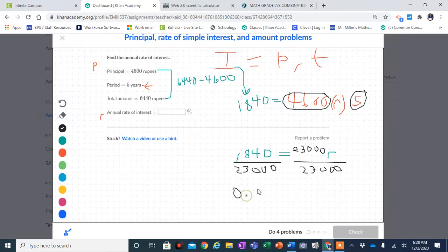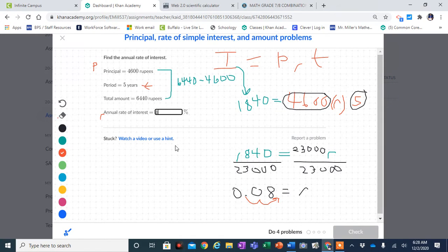So 0.08 equals R. Then you need to make that into a percent. You move the decimal point 2 times to the right, and that means our answer is going to be 8%.